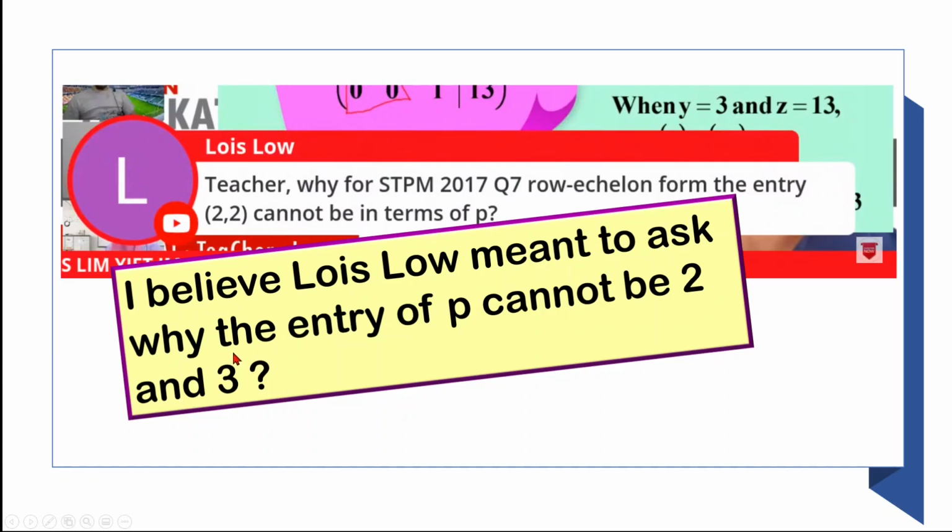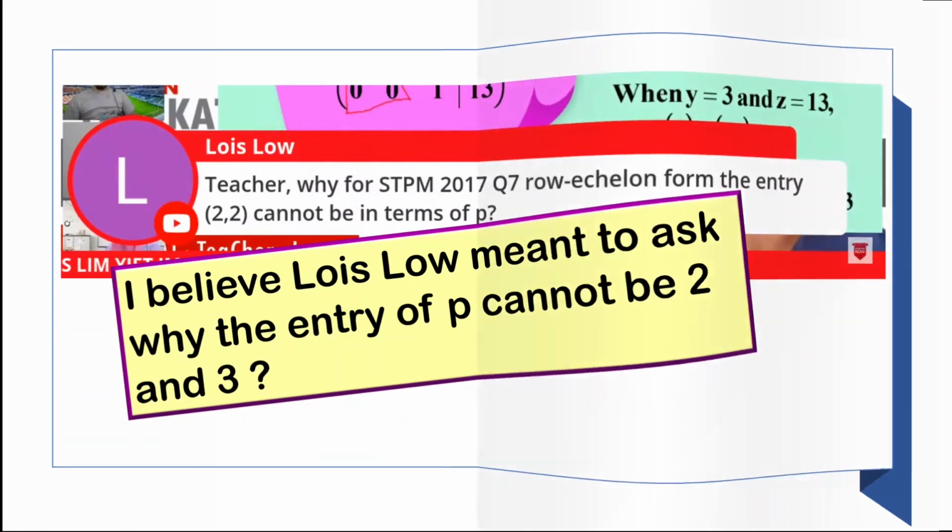Well, I believe Luis Lau meant to ask why the entry of P cannot be 2 and 3 in that question. So, before I can explain that, I need to explain all the situation needed for getting the entry or the solution for a system linear equation.